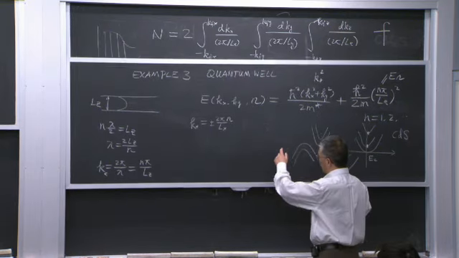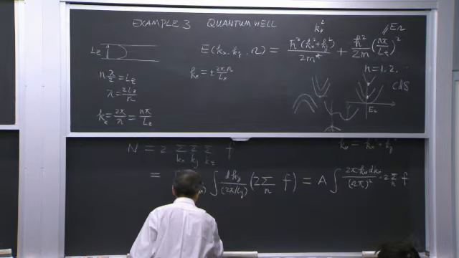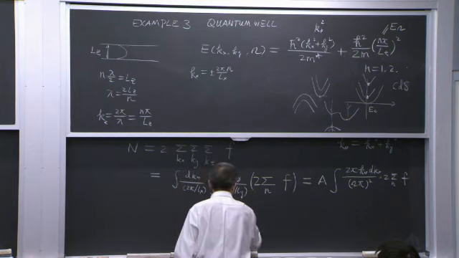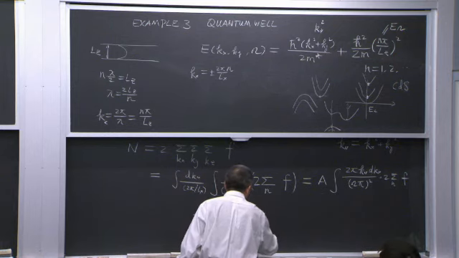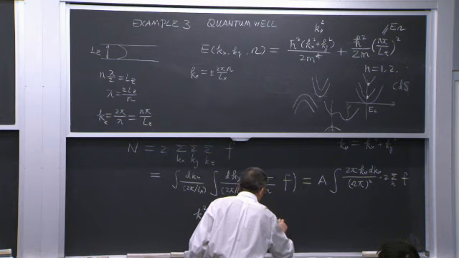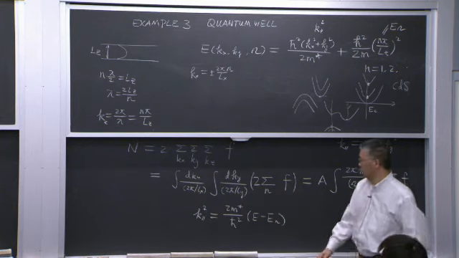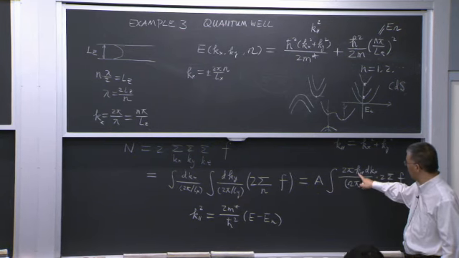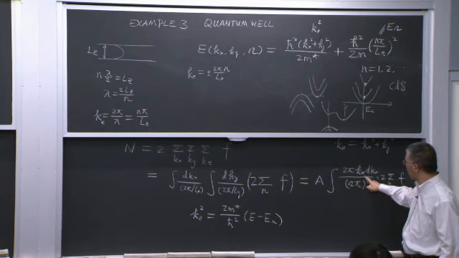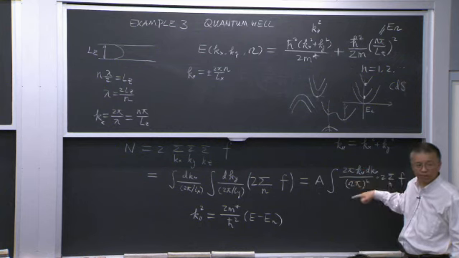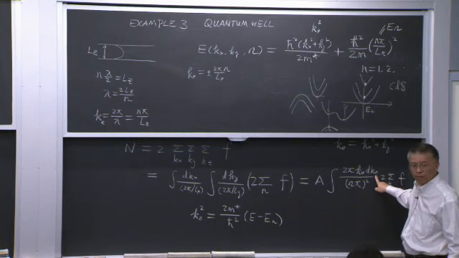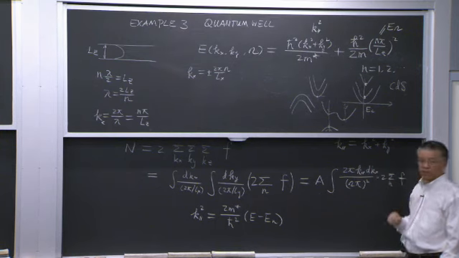So I can write k parallel squared equals 2m star over h bar squared times E minus En. If I want to write it in terms of dE, I need to convert this k parallel into energy, and I need dk parallel over dE.